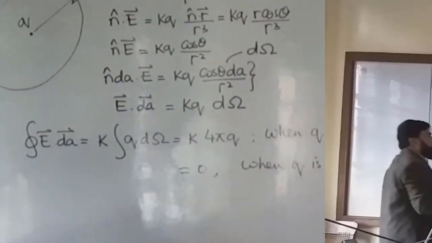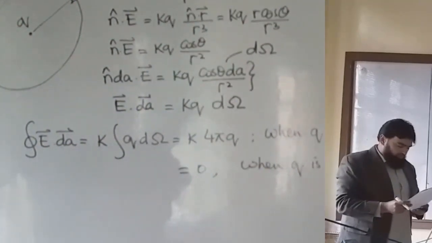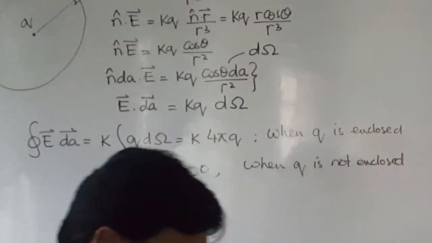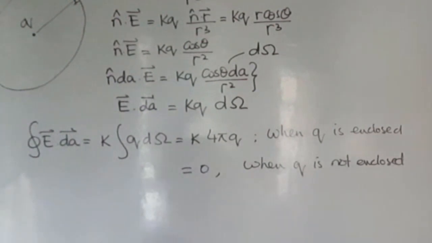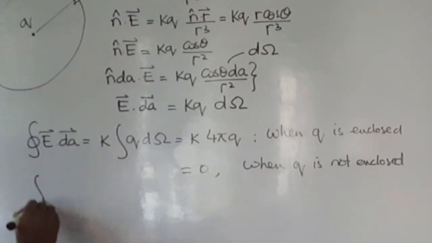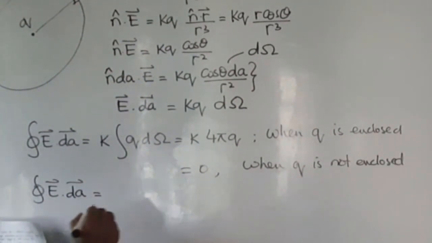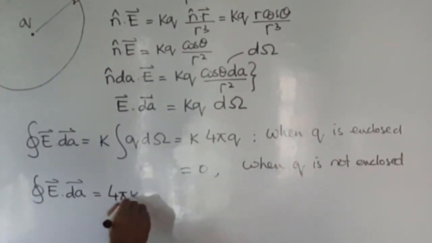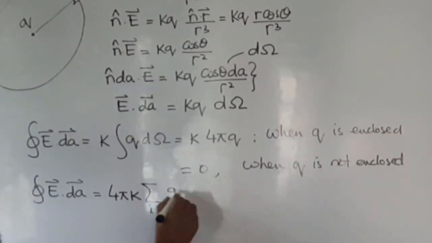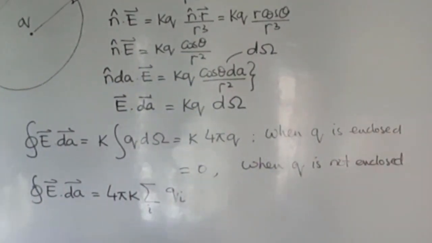It means if our Gaussian surface is not enclosing this, then this thing will be equal to 0. Similarly, I can write this E dot dA as 4 pi K times the summation over i of all charges Qi, all the charges which are enclosed.